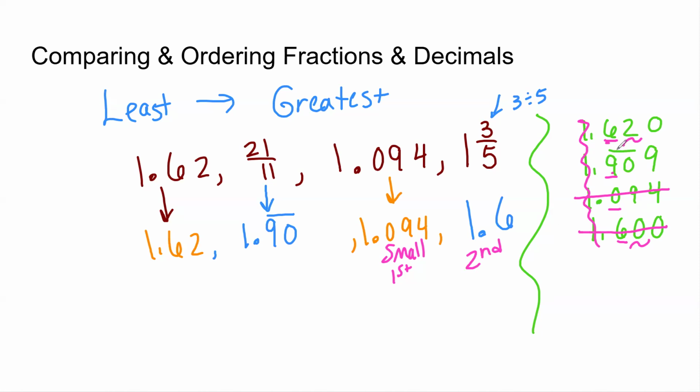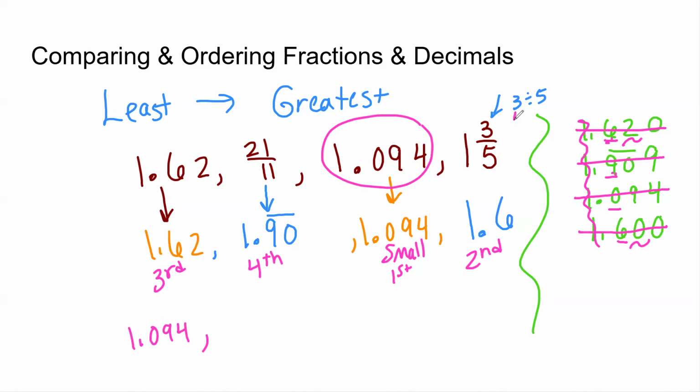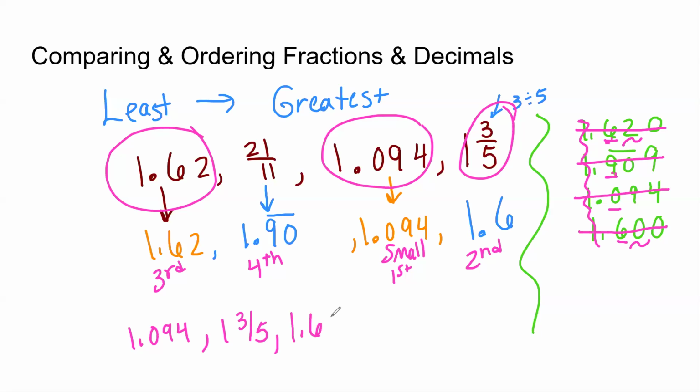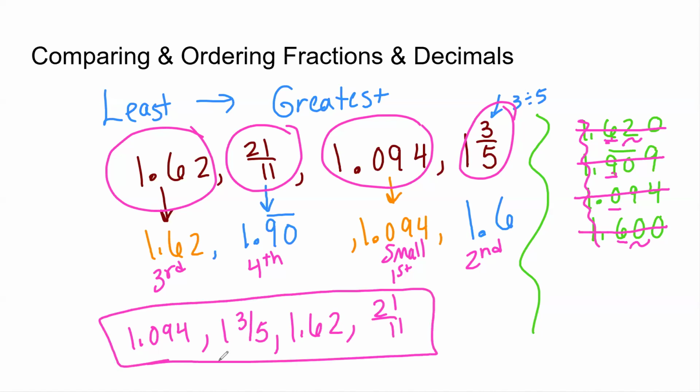So we have just the top 2. We have a 6 and a 9. Well, 6 is smaller, so this one's third. And the 9 would be fourth or biggest. So smallest, second, third, and biggest.